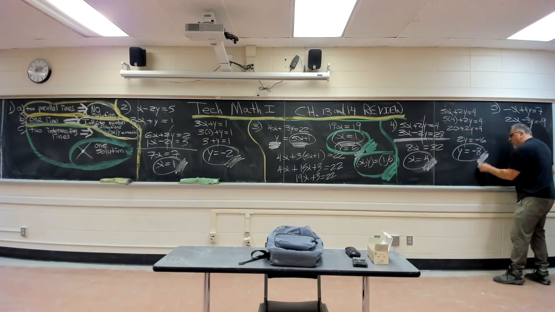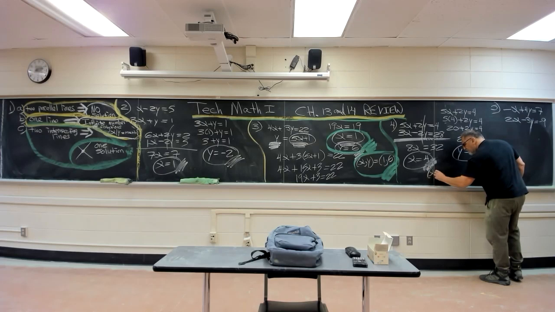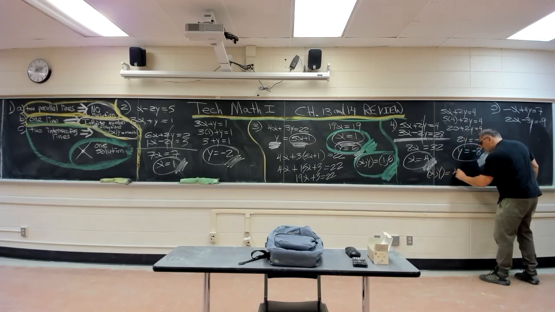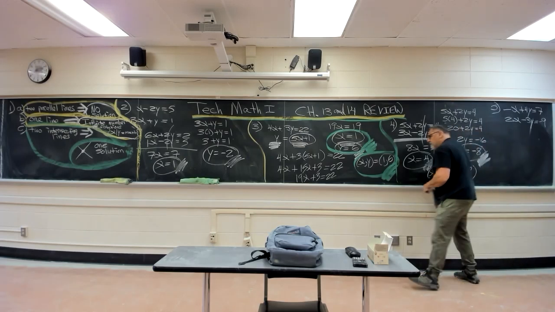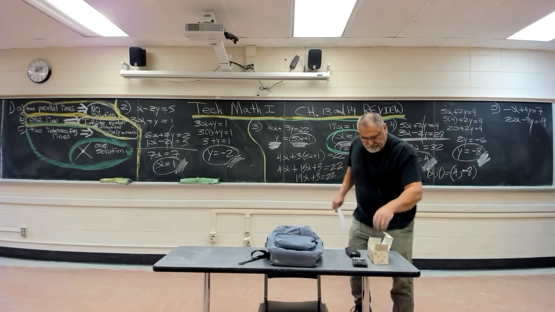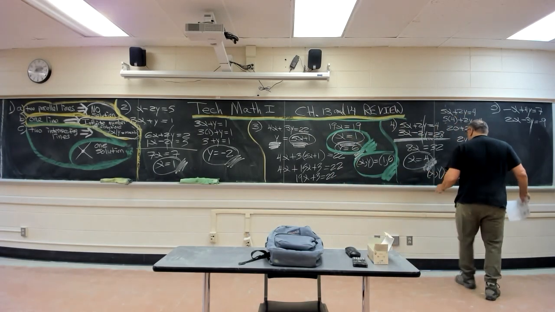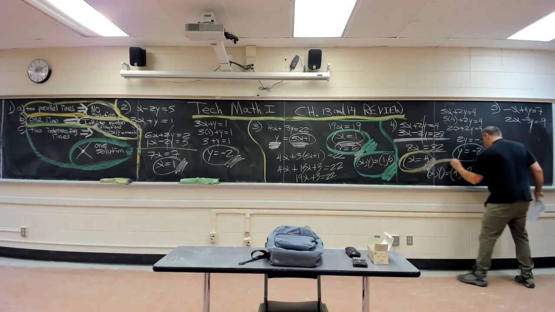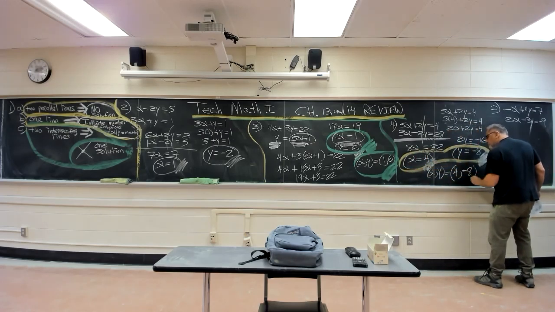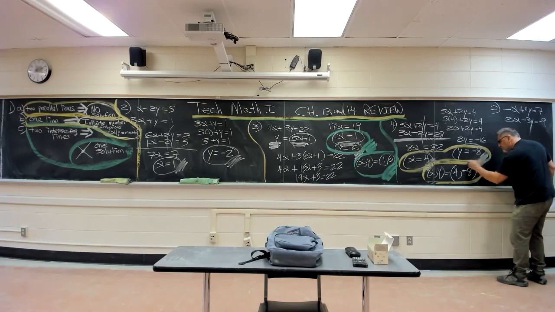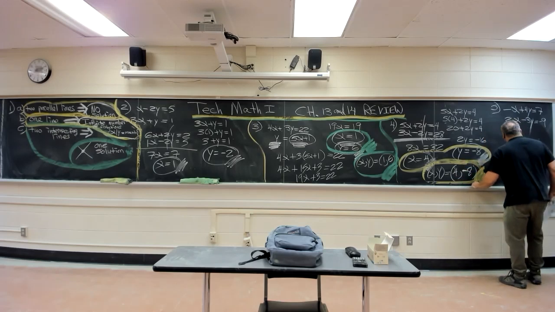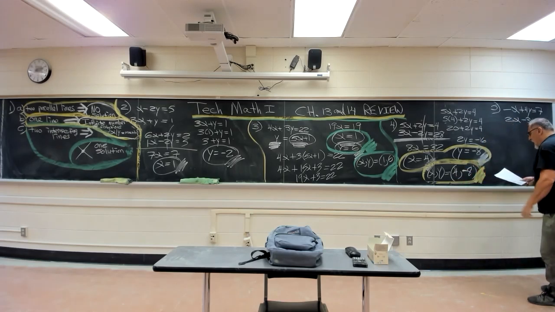X is 4, y is negative 8. We'll go back and double check these guys. Sometimes things can go a little haywire. And there's your answer for that one as well.